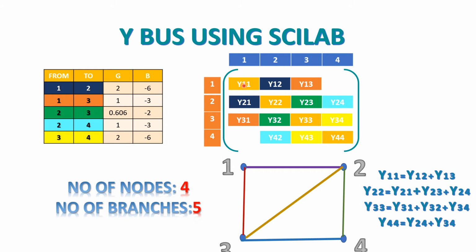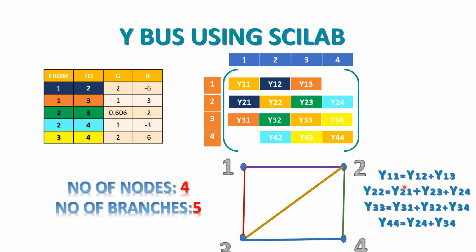Now, what is Y11? Y11 is nothing but, see here, the first node is there. For this node, how many elements are connected? 1 2 and 1 3. So Y11 is nothing but the sum of the admittances of these two elements. So Y11 is equal to Y12 plus Y13. Similarly, if you observe node 2, there are 3 elements connected to this node.